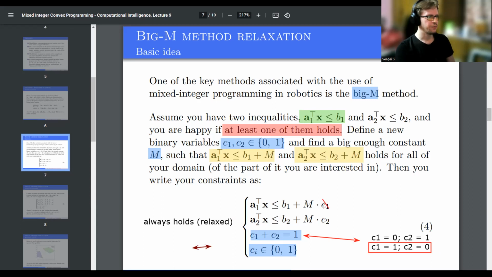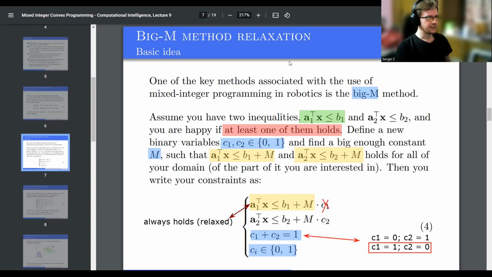Here, C1 becomes 1, and we have just the same expression as we had here. So same expression, and this implies that this constraint will always hold, and it's going to be relaxed. So it's not going to influence X in any way. It always holds because M is big, so you cannot find such X that this constraint would not hold. So X can be anything.